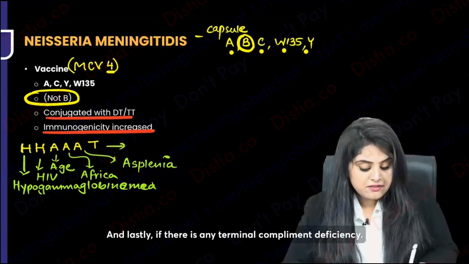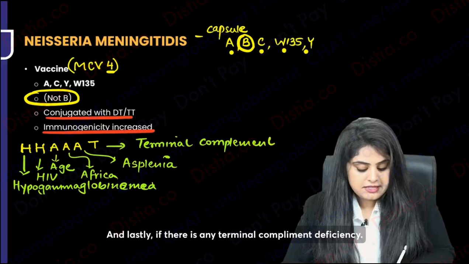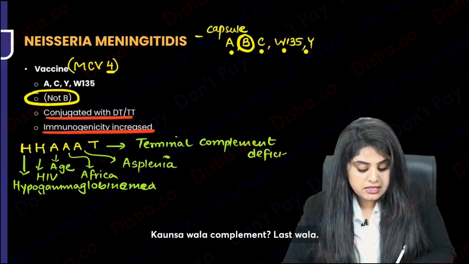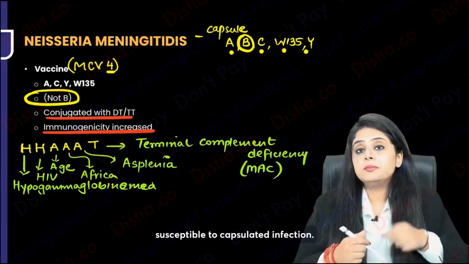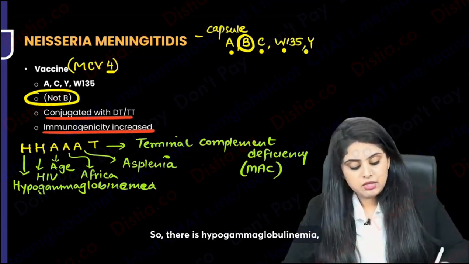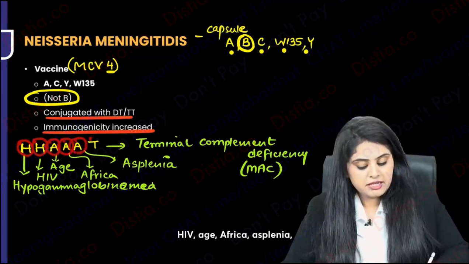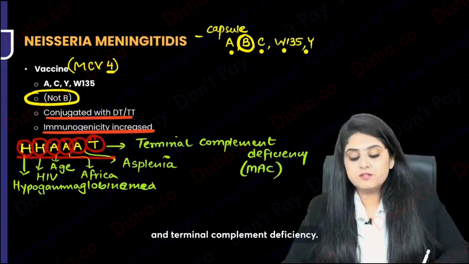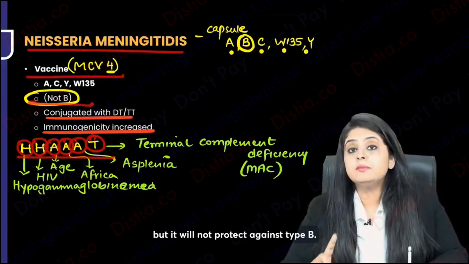And lastly, if there is any terminal complement deficiency, which complement? The last ones, especially the membrane attack complex. That deficiency also makes a person susceptible to capsulated infection. So there is hypogammaglobulinemia, HIV, age, Africa, asplenia, and terminal complement deficiency. That is when you will give this vaccine, but it will not protect against type B.